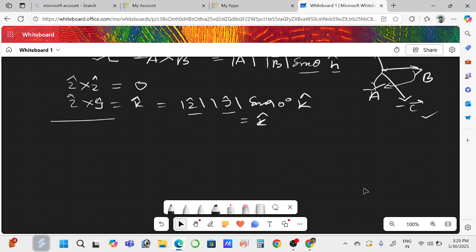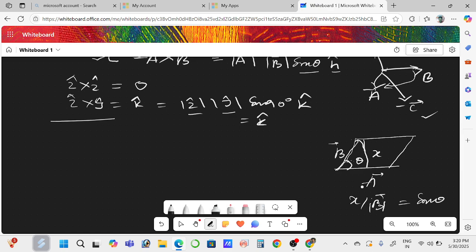The physical meaning of A cross B is very simple. If you have two vectors, one is A and another is B, and you complete the parallelogram, this is B. Now if the angle is theta and the height is X, then X by mod B is sine theta. So X is simply mod of B sine of theta.